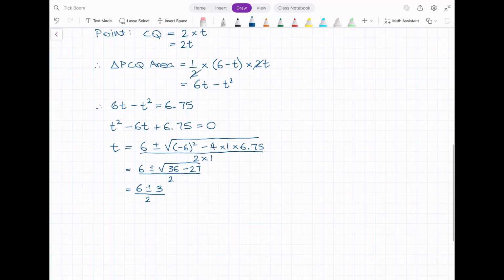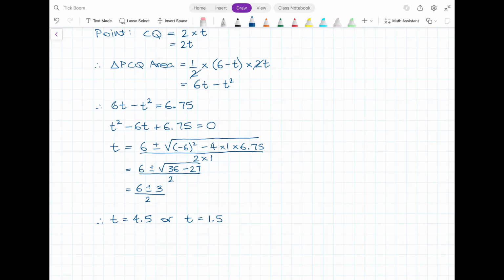So therefore, we can say that t will be equal to 6 plus 3 is 9, divided by 2 is 4.5, or t is equal to 6 minus 3, which is 3, divided by 2 is 1.5.